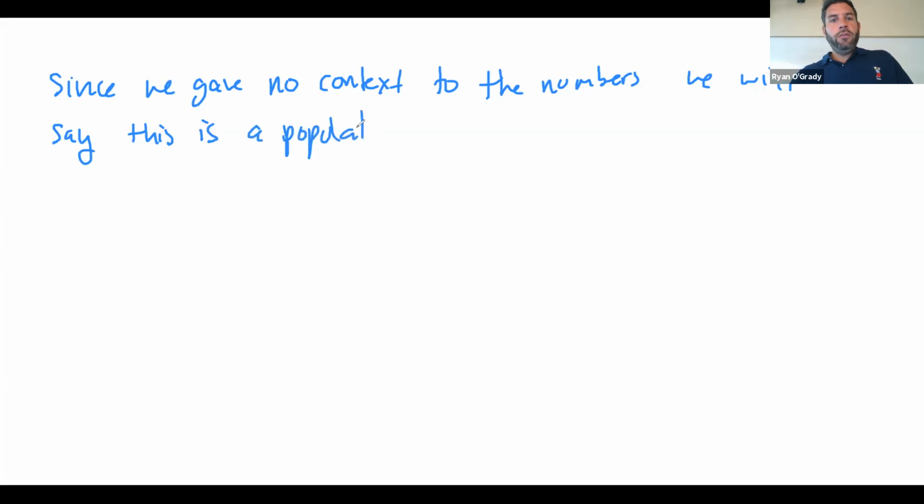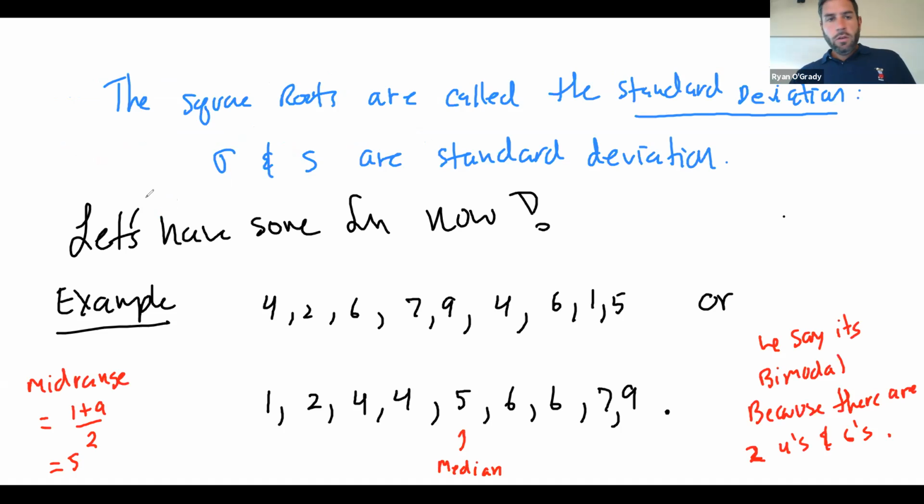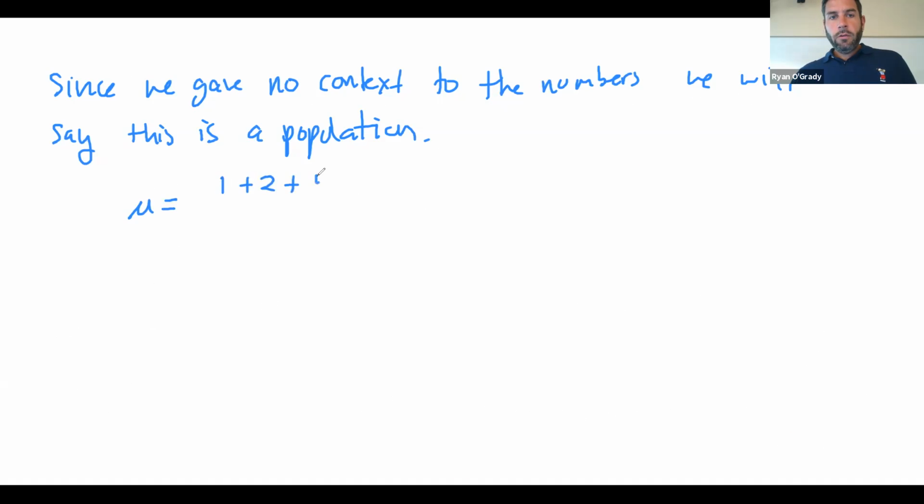Now, I could have said it's a sample too, but let's suppose it's a population. That means that mu, the mean, is, well, we add them up. What was it? It was 1, 2, 2, and then 4, 4, 5. So it's 1 plus 2 plus 4 plus 4 plus 5 plus 6 plus 6, and then the last ones, 7 and 9. And this is divided by 9.